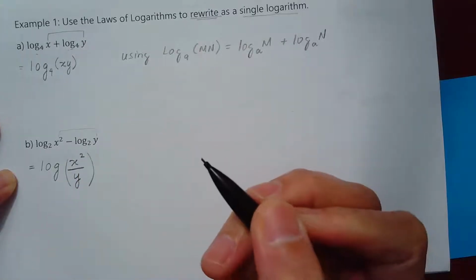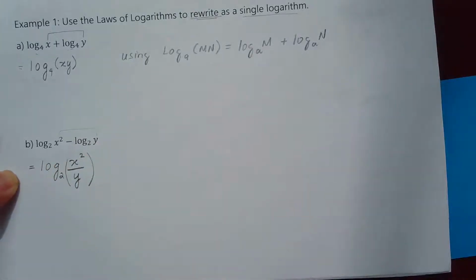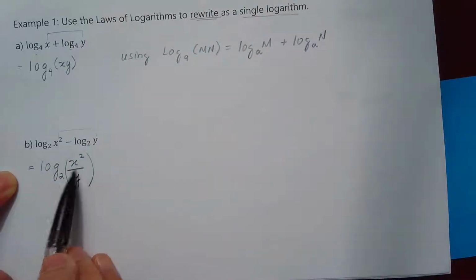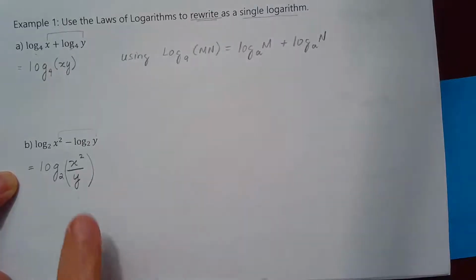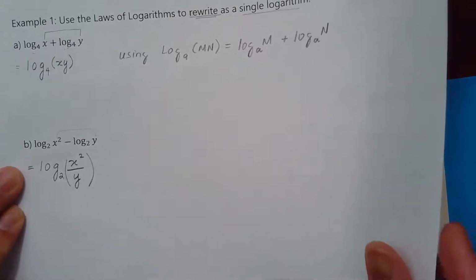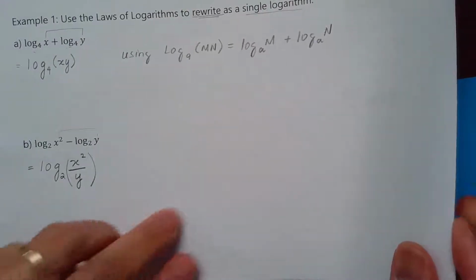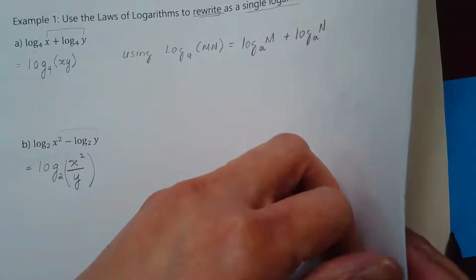I can put that inside the brackets again, and then write down base 2. So log of x squared divided by y, base 2. That one is not bad. It's pretty simple. Now we're going to get into the next page.